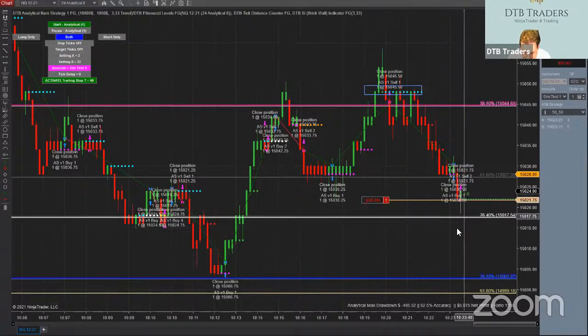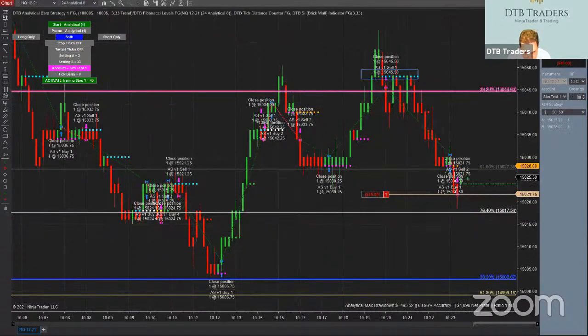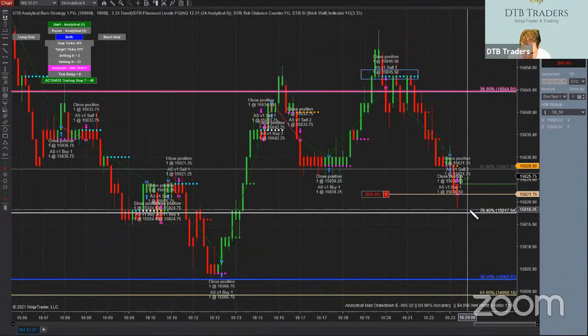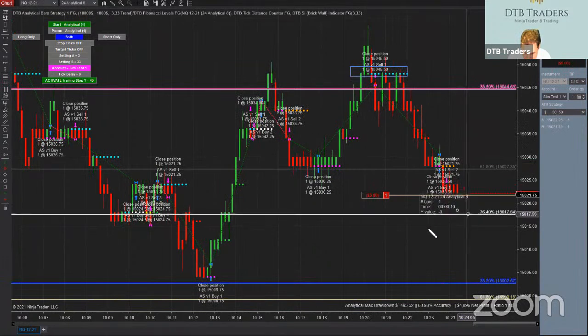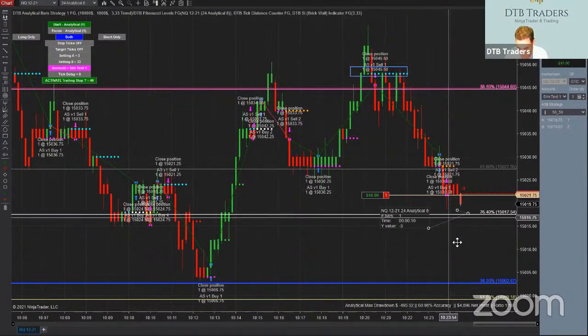So we came literally within a few ticks of that, 76.4, or 4 or 5 ticks at that specific time.